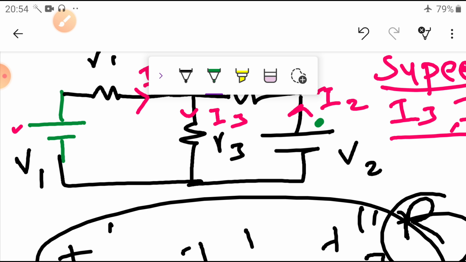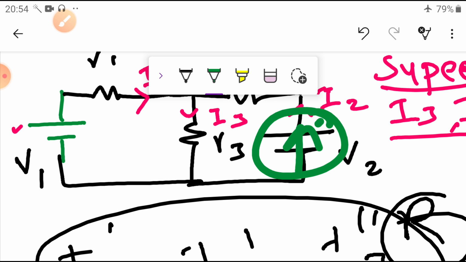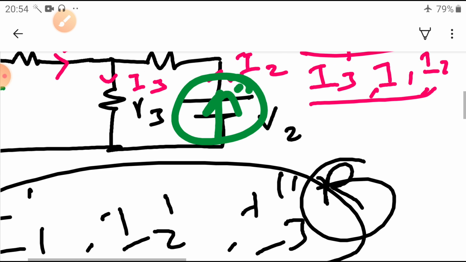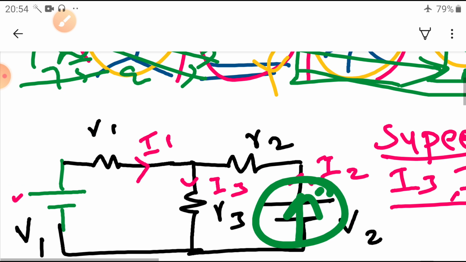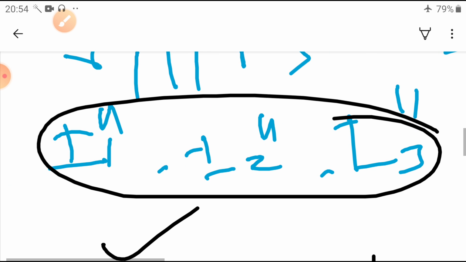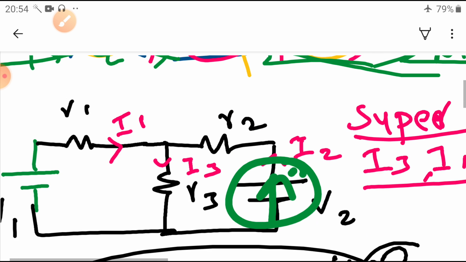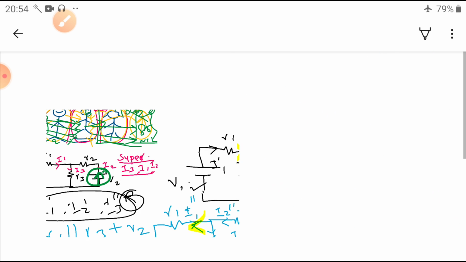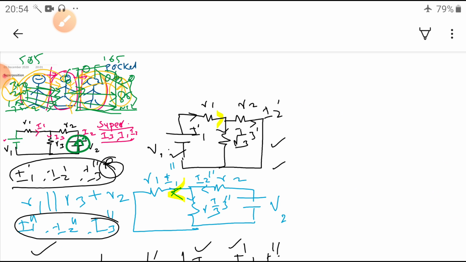Now, I remove this source, here I take the current source. What is the difference? In the first case what we have calculated, in the first case here what will happen?